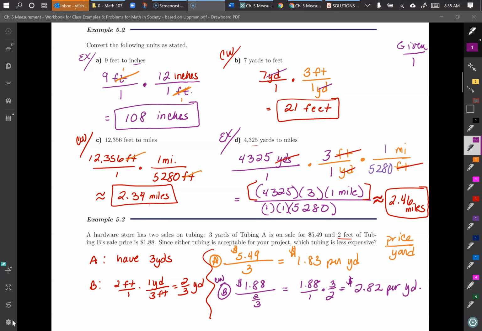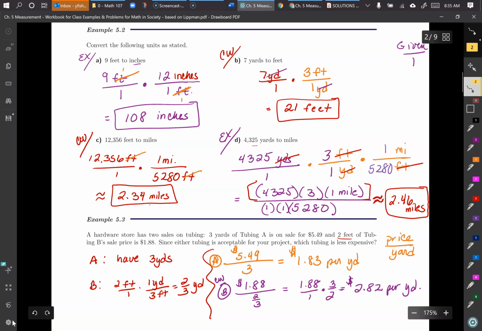So for part B, we have $1.88 over 2/3. I can multiply by the reciprocal here, and I get $2.82 per yard. You could actually just key in a fraction using the fraction key on a calculator or in Desmos and type that in. That would be fine as well. I always allow calculators in here.